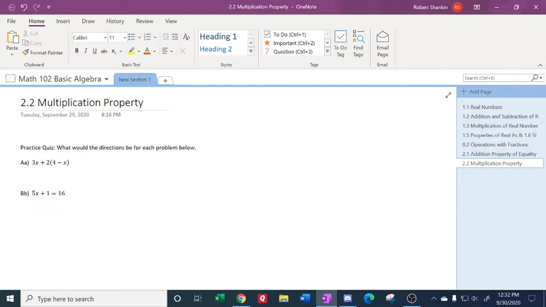All right, so, practice quiz problems. Just two. What would the directions be for each of the problems below? If there were directions in front of the problem, what would the words be?